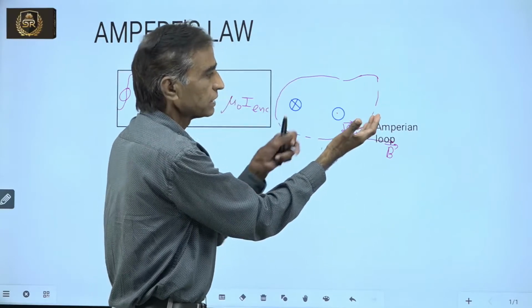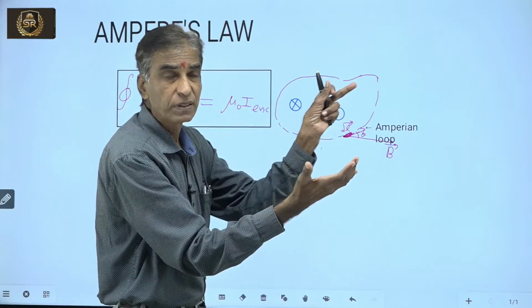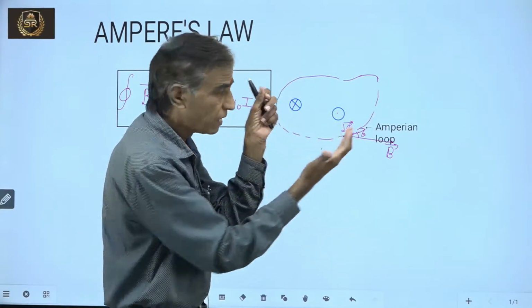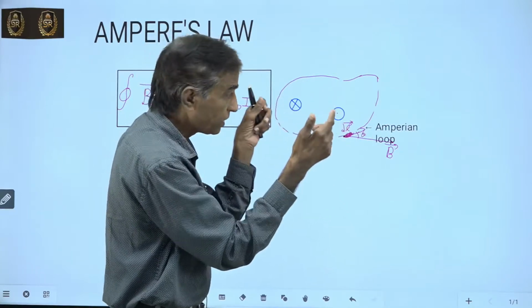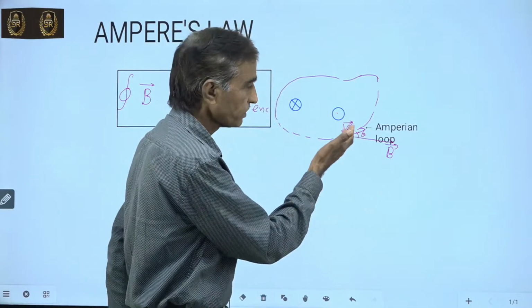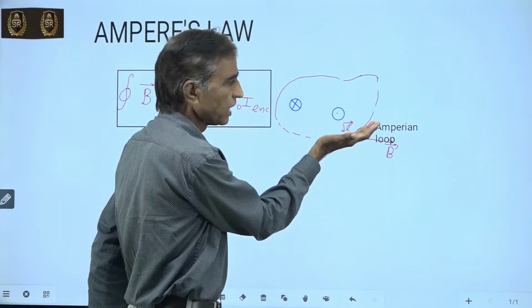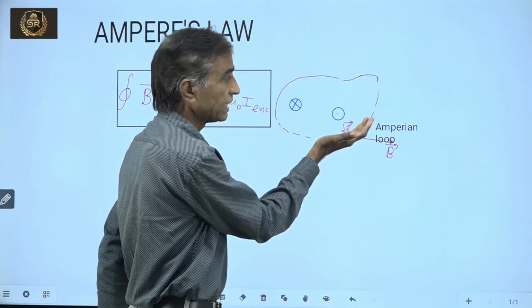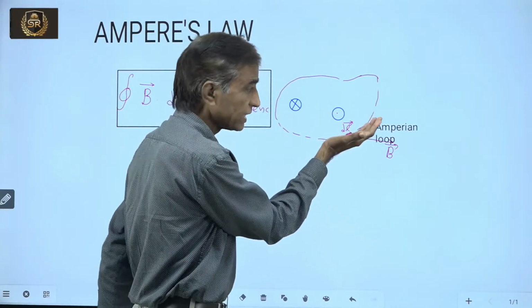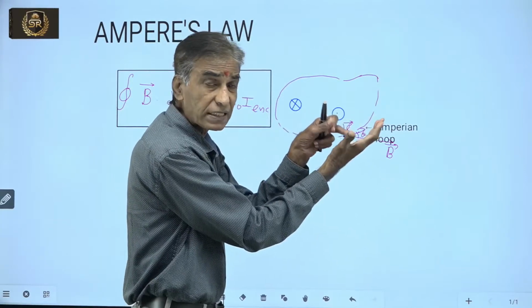The thumb indicates the direction of the current.